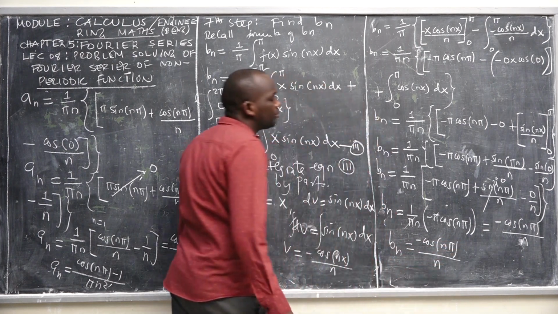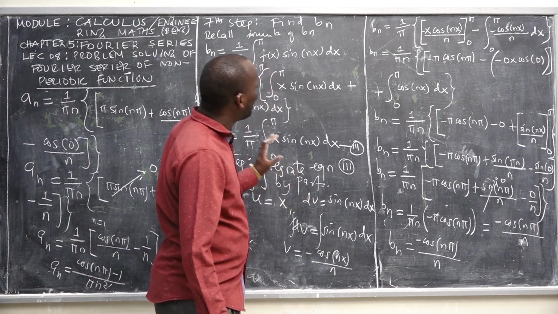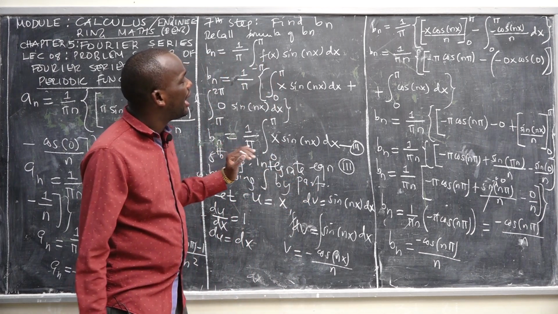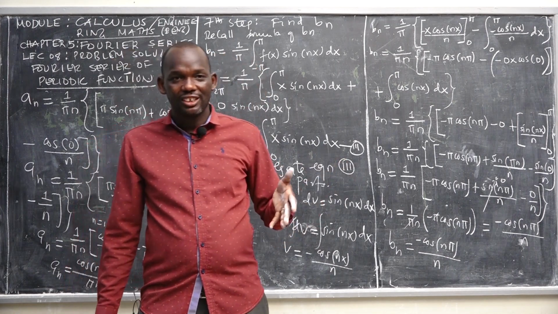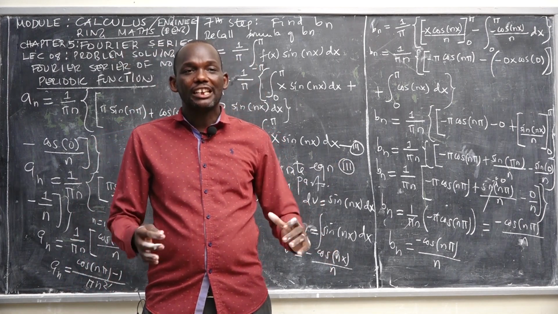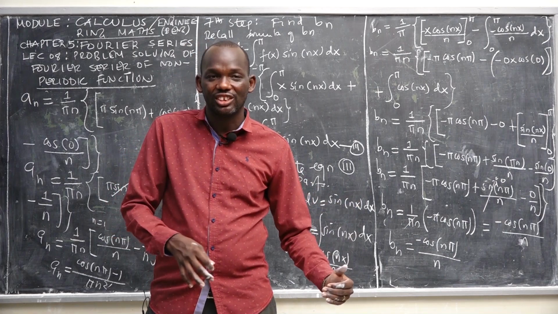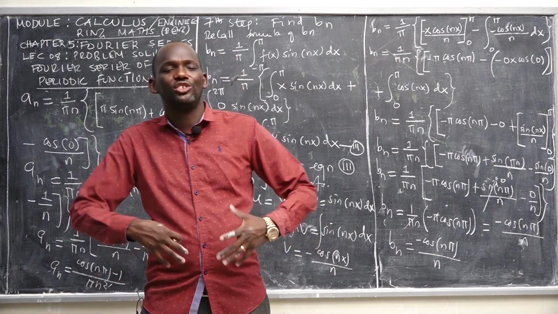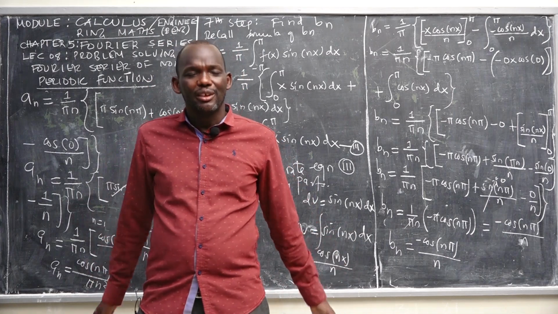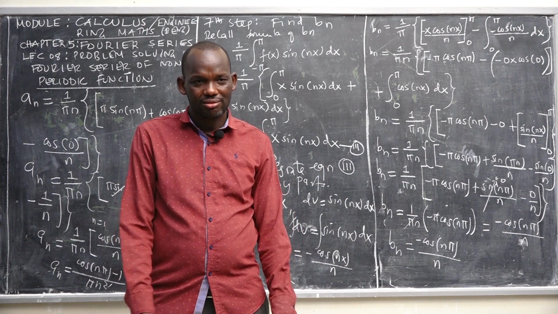So some students, whenever they see that they've been given a function which is x, which is odd, without taking into consideration the second subfunction, always claim that the function is odd. So if it's odd, an will be 0, a naught will be 0.